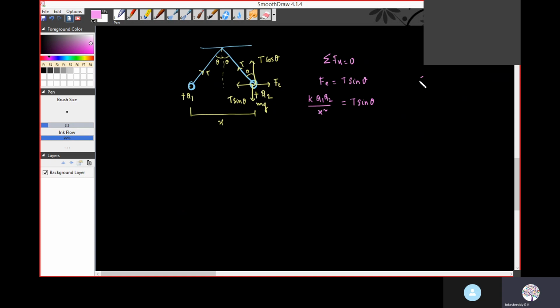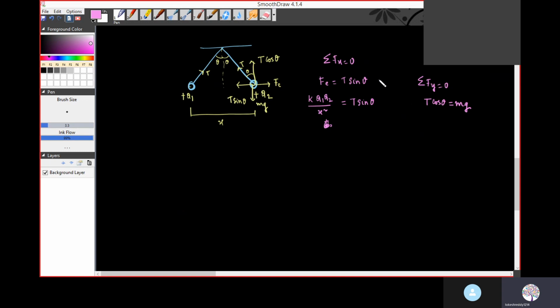And here sigma Fy is equal to 0, which means T cos theta is equal to mg.